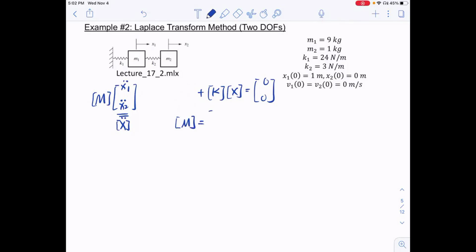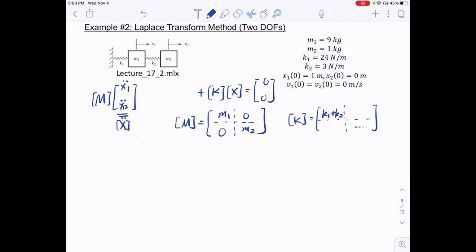So what is M? Last time I taught you a very tricky way to do this. It has to be diagonal. You just lay out all your masses on the diagonal terms, and then the off diagonal will be 0. And then for the K, what you do is determine the K through the coupling. This term means all the springs connected to mass 1. You have two springs connected to the mass, so K1 plus K2.